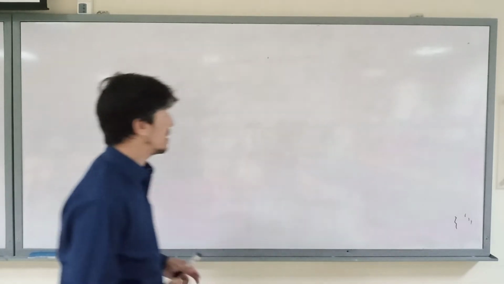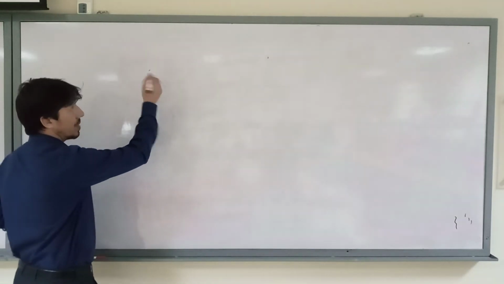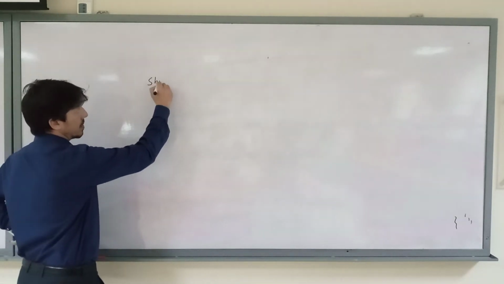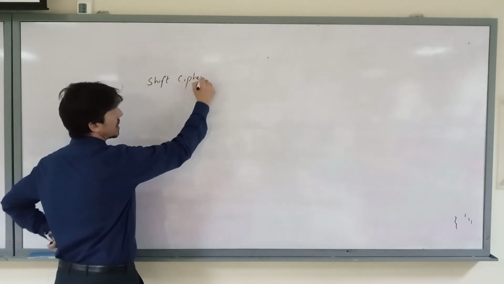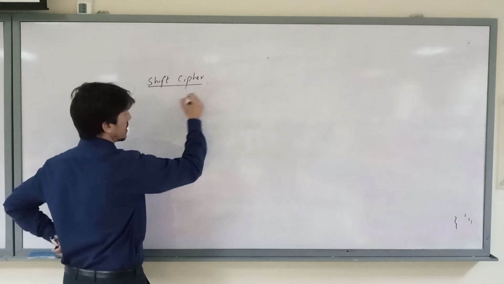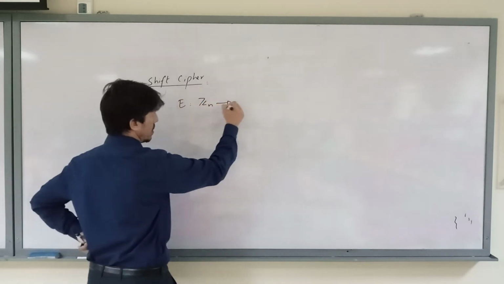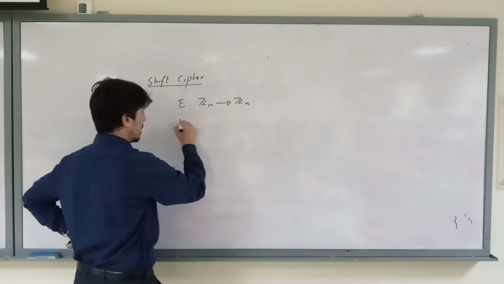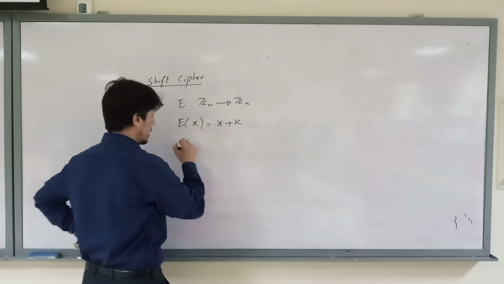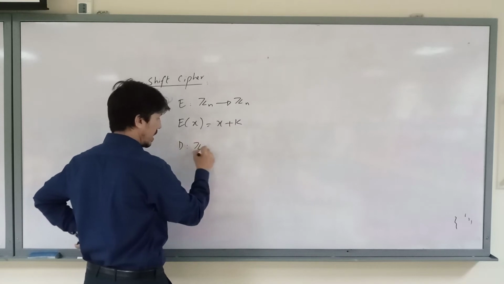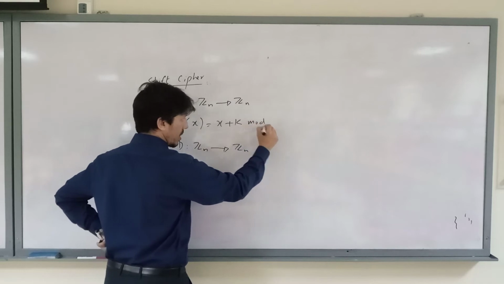If I can generalize the shift cipher, which we have discussed, the encryption function was from Zn to Zn, and it is encryption x plus k mod n, and the decryption function is from Zn to Zn, and I take it as mod n.